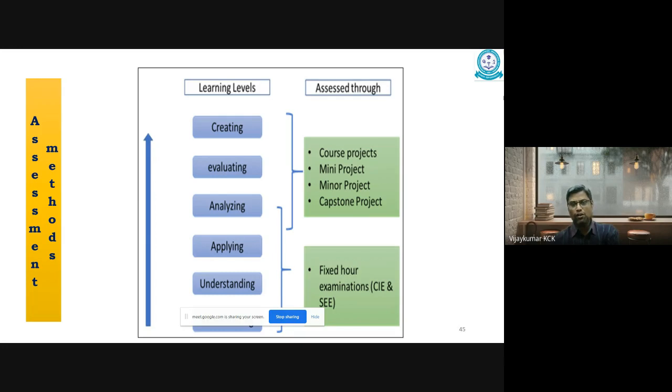Evaluating and creating are normally not done. But in certain cases, for example, when the entire paper is about design, then in those cases we can go with creating or suggesting a model. After due evaluation, we can go up to K6 level. But it purely depends on the nature of the subject, the time duration, and the general ability of the student.